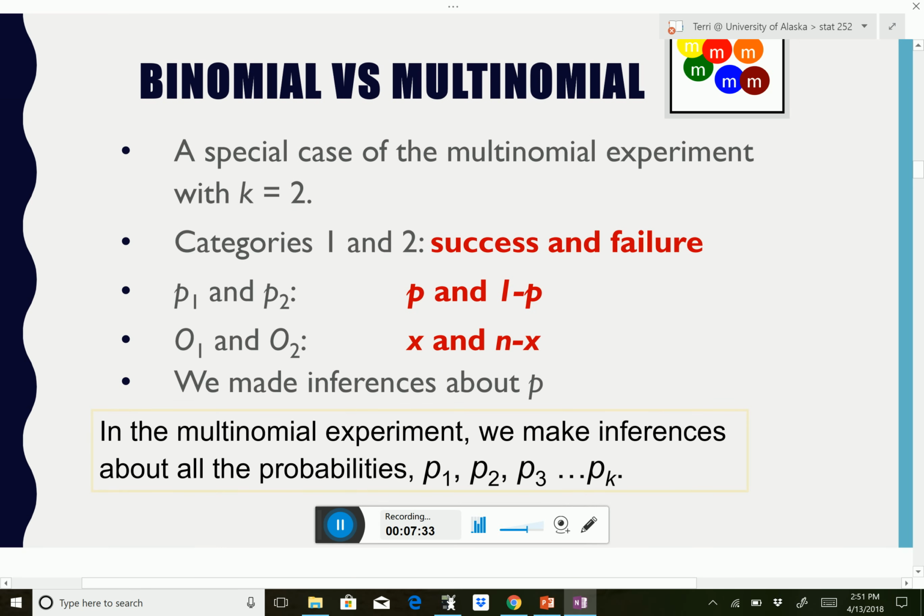So binomial versus the multinomial experiment that we're doing. Binomial was just a special case of the multinomial with just 2 categories. We had success and failure, p and 1 minus p, x and n minus x. And we made inferences about p.